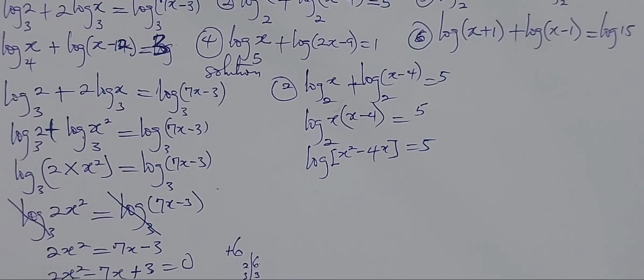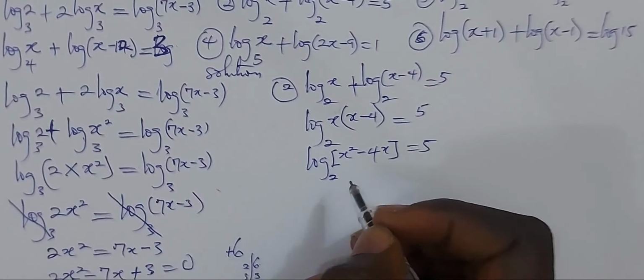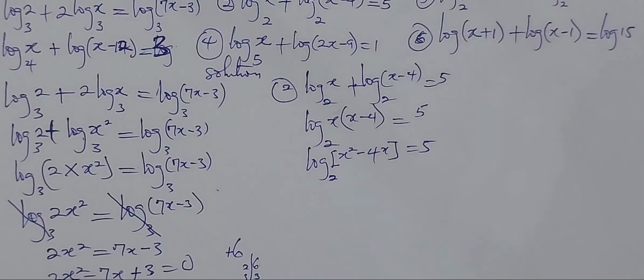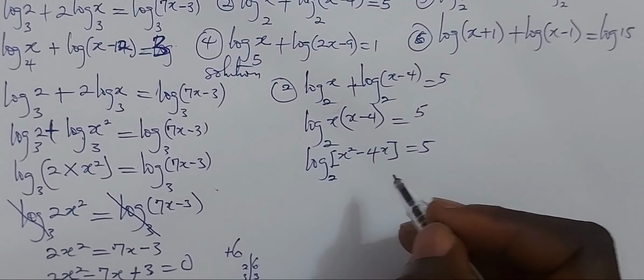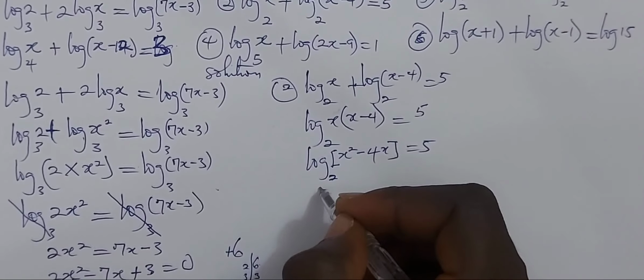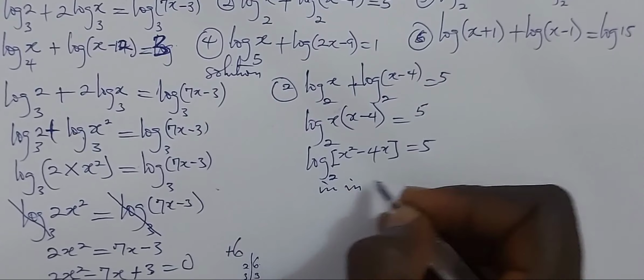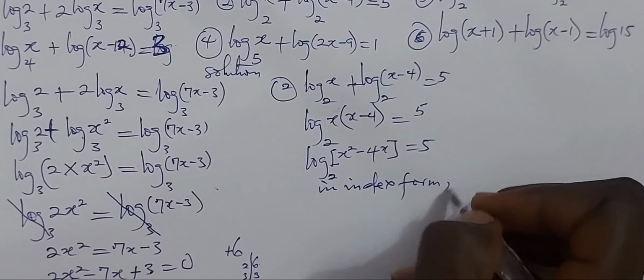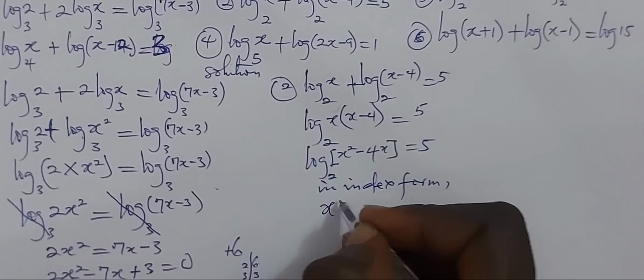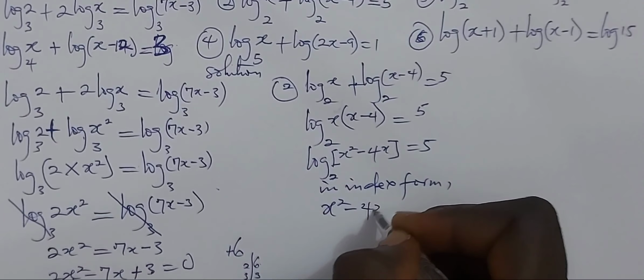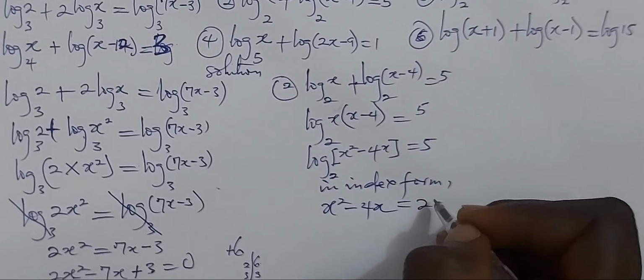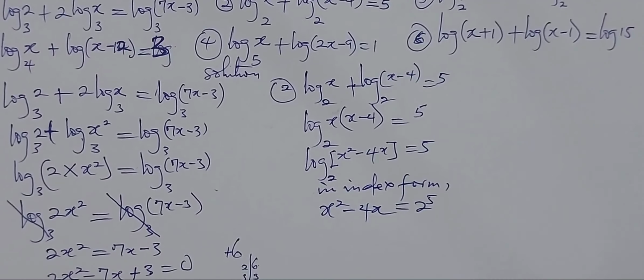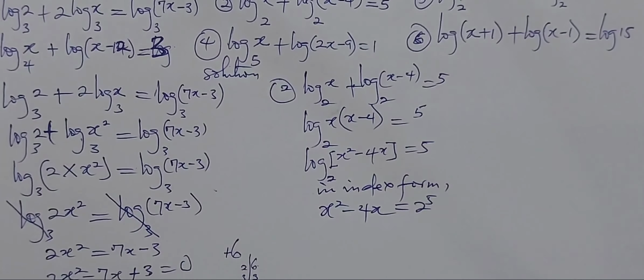So what we'll do now, remember, we can write it in index form. In index form, x squared minus 4x is equal to 2 raised to the power of 5. You get it?